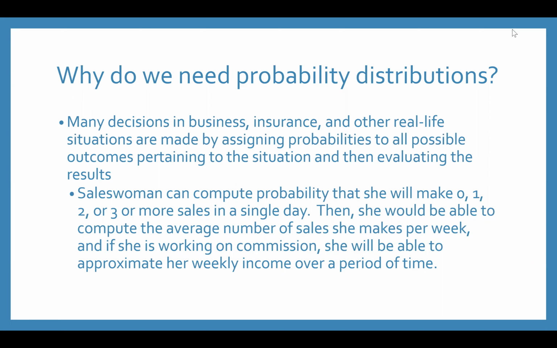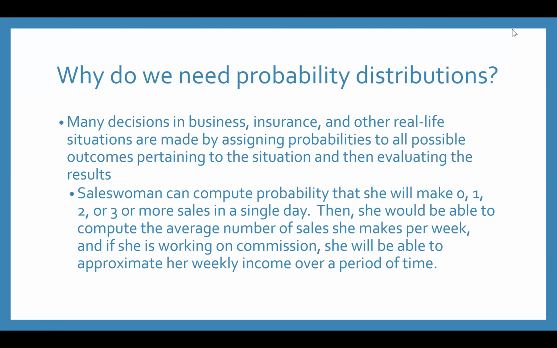Insurance companies often assign probabilities to life expectancies. How long do they think you're going to live? Based on those probabilities, that's how they set the insurance rates for life insurance.